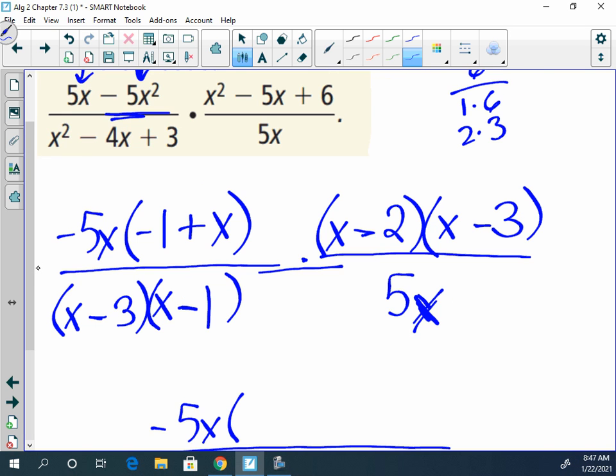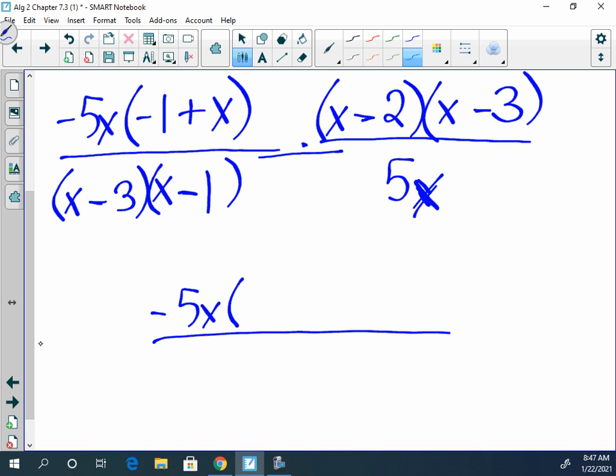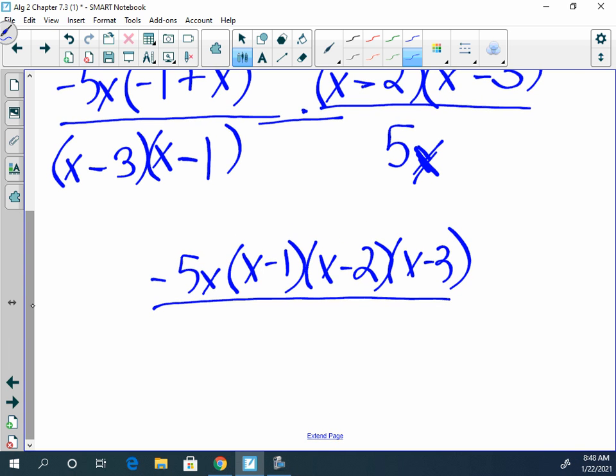Now, we can rewrite this here as x minus 1. There's nothing wrong with that, actually getting the x in front. But then it's just x minus 2 and x minus 3. And on the bottom, we would have 5x, x minus 3, and x minus 1.